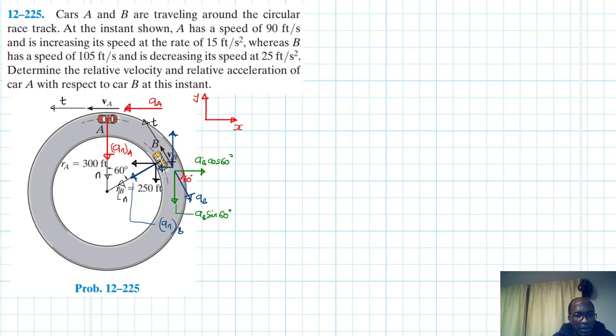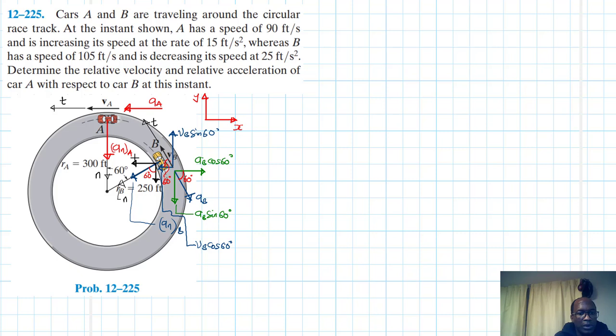So this angle here is 60 degrees, and therefore this becomes v_B sin 60, and this one becomes v_B cos 60. And finally, this one is straightforward, this one here is 60.